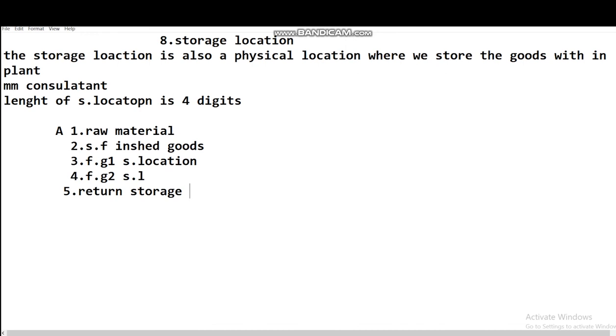So there is a raw material storage location. After that, we need a semi-finished goods storage location, a final goods 1 storage location, a final goods 2 storage location, and a return storage. Not every company will maintain it like that, but I am telling you the example.